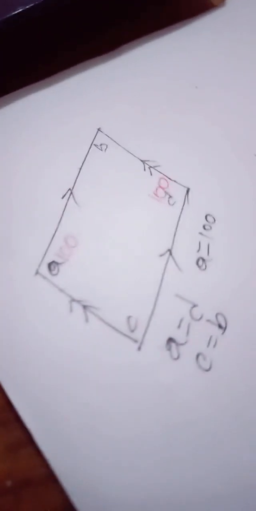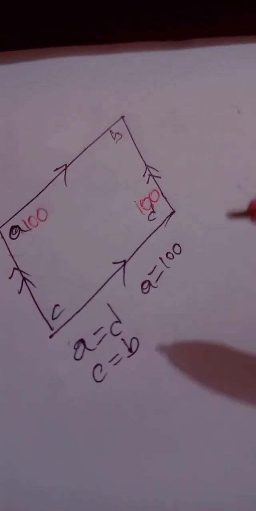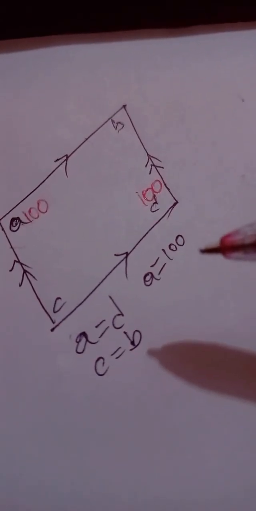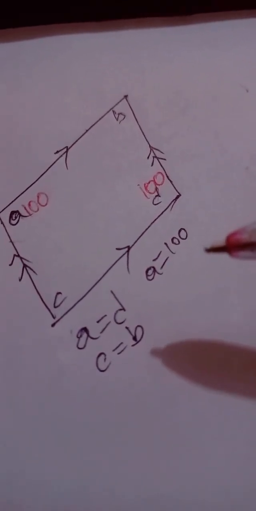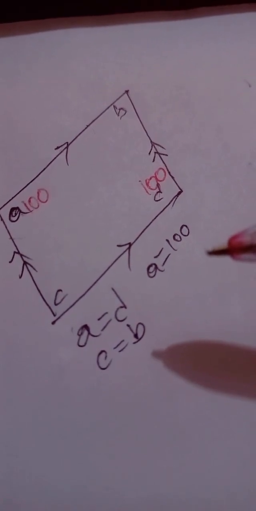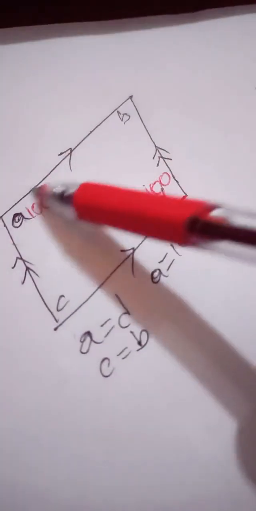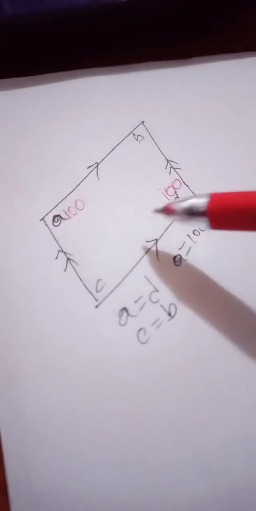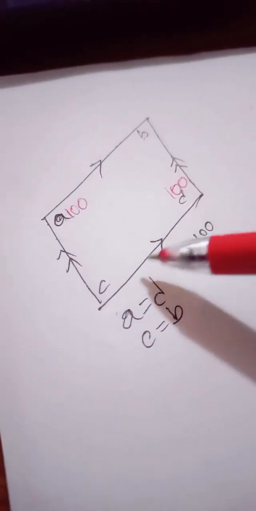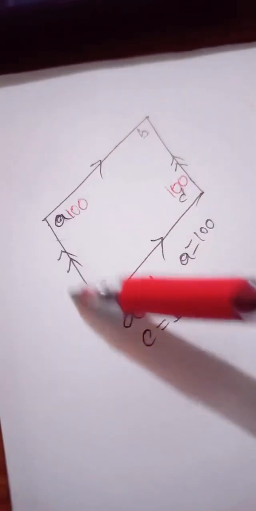If you want to use another concept which is different, you are going to say these are parallel lines. So when you have parallel lines, we have a U here.